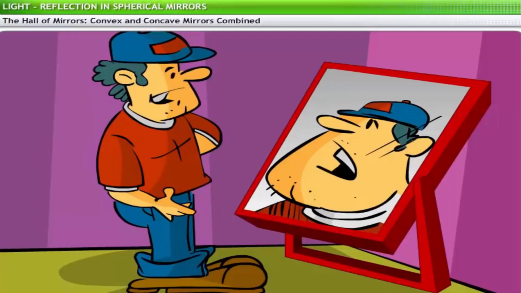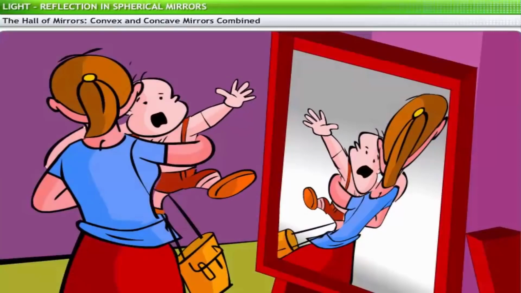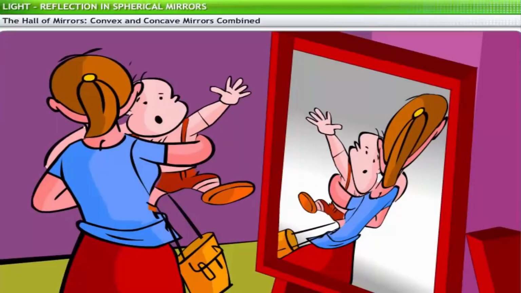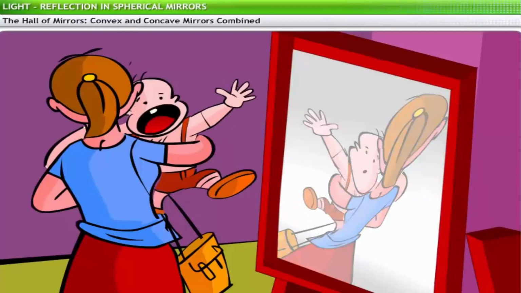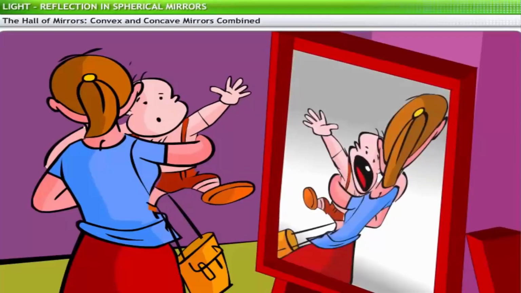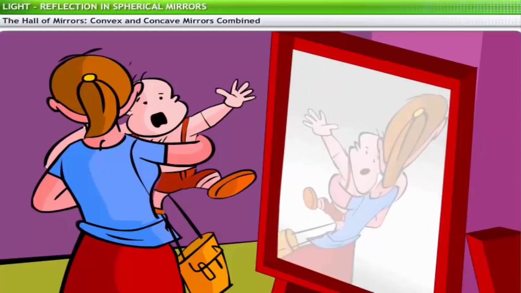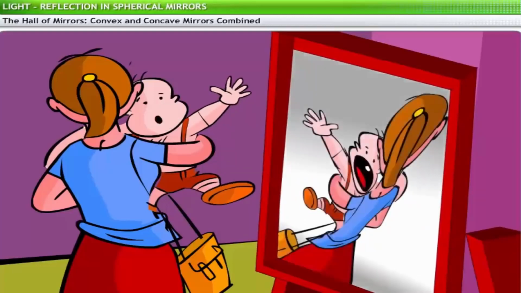Therefore, if you stand close to such a mirror, you will see a wider, fatter image of yourself. On the other hand, standing close to a convex mirror would make you appear thinner. With the set of such mirrors around you, you can see a variety of images of yourself, an undoubtedly interesting experience.